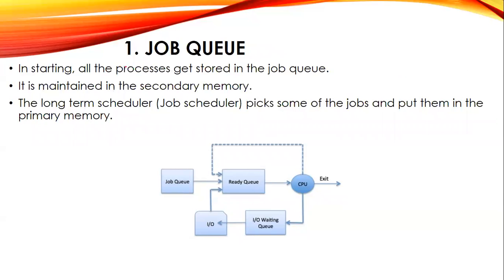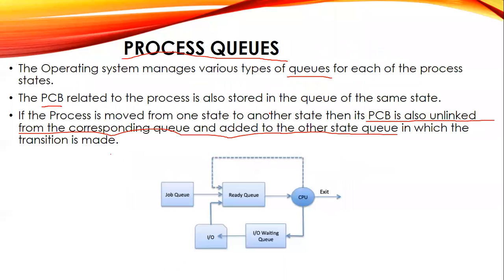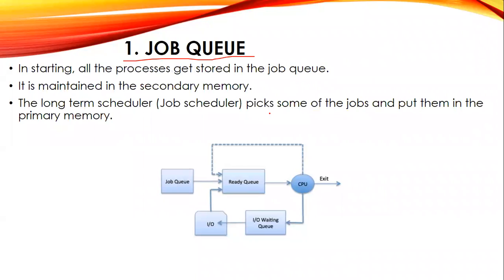The job queue. Job queue is here. This is the ready queue. This is the waiting queue. The images are different, but they are more or less the same, so do not be confused. In the beginning, all the processes get stored in the job queue, and it is maintained in the secondary memory.